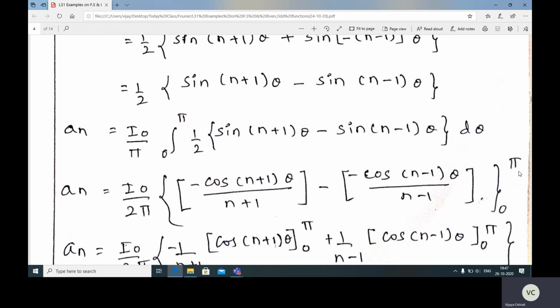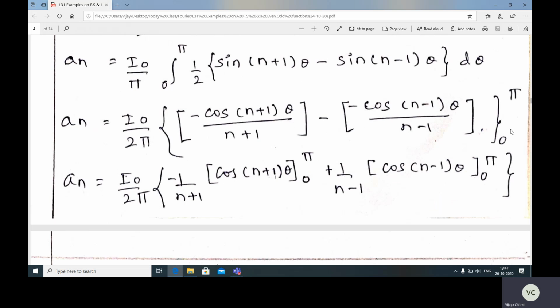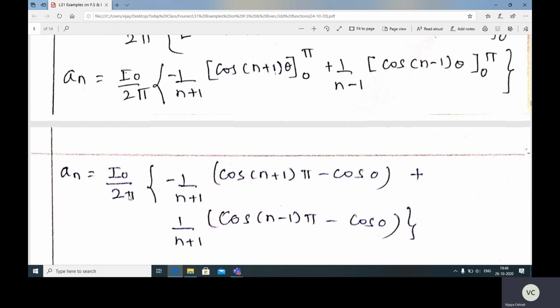Now substitute upper and lower limit. Always upper and lower limit. So upper limit is π and lower limit is 0. Substituting this, a_n is equal to I₀ divided by 2π, and here −1/(n+1), you take it outside, cos (n+1)θ from 0 to π, and this minus will be plus 1/(n−1) cos (n−1)θ, limits from 0 to π.